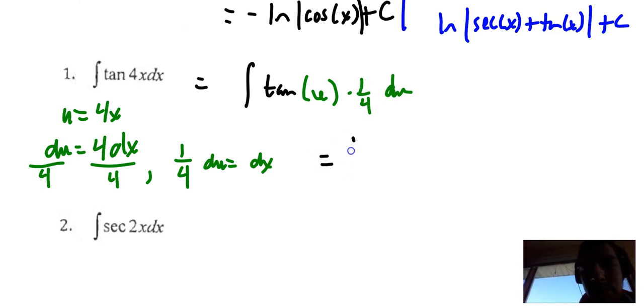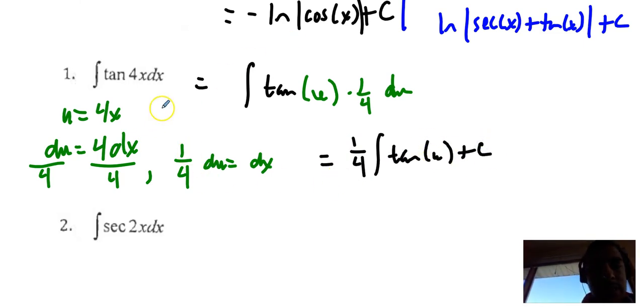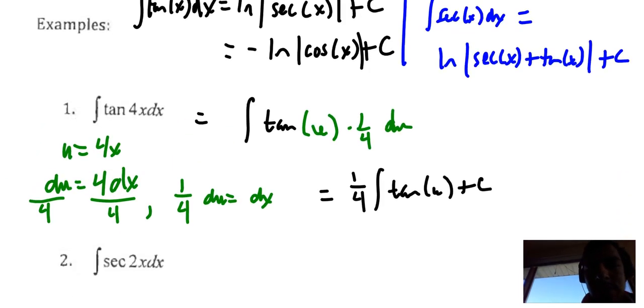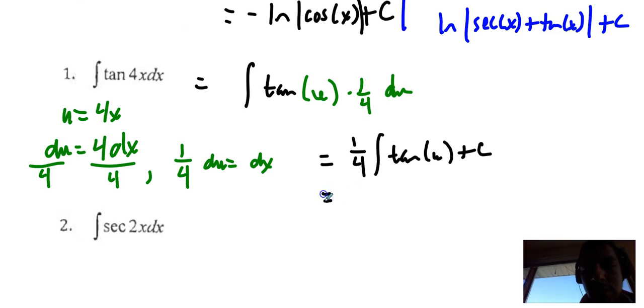We can rewrite that as 1/4 integral of tangent of u plus c. And the antiderivative of tan is negative natural log cosine, or natural log absolute value of secant. So we can keep going as equals 1/4, no more integral because we already found the antiderivative.